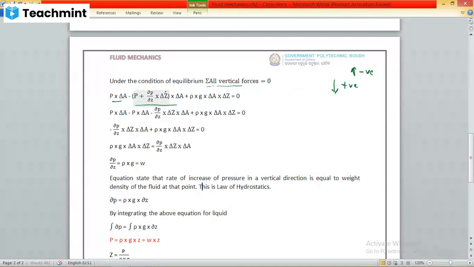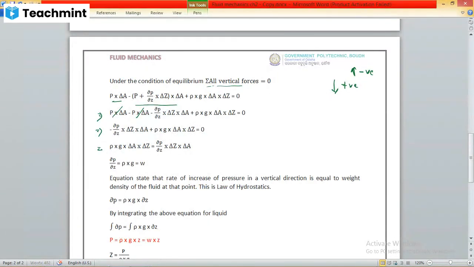After that, open the bracket, multiply del A with P and this part also. So what you get? P into del A minus P into del A minus del P by del Z into del Z into del A plus rho g del A into del Z, which equals 0. Again, this cancels with this, as this is positive, this is negative.